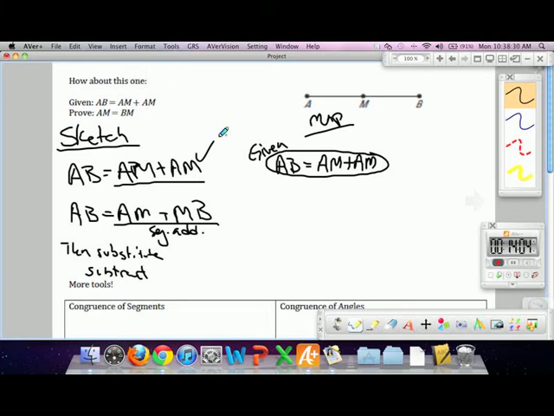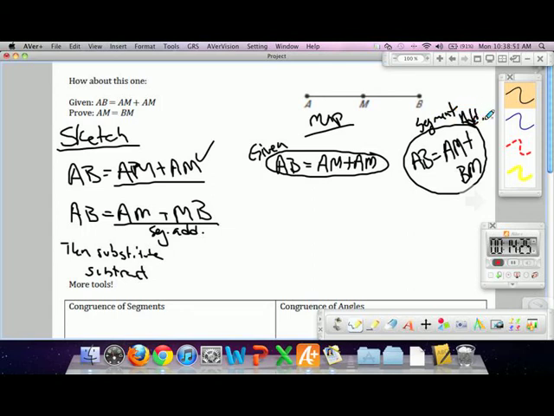Say AB is equal to AM plus BM. And that's the segment addition postulate. Those are separate ideas. They are not linked together yet. One did not come from the other.